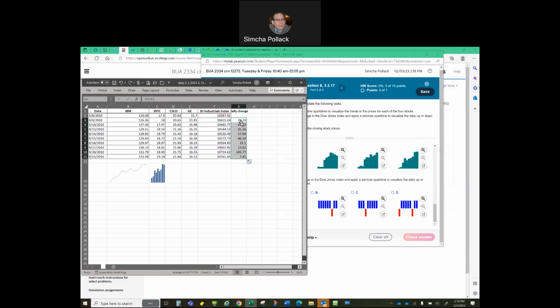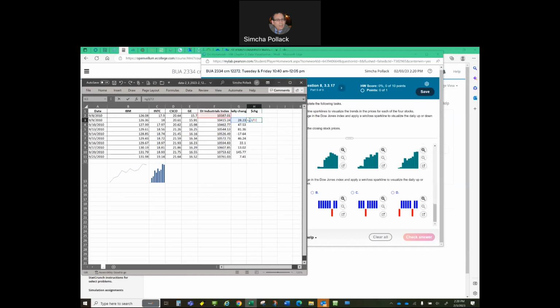Now we can change this into a sparkline, but when I read the book, they seem to want the percentage change. Percentage change is equal to the change, G3, divided by the previous day's amount, which in this case is F2.